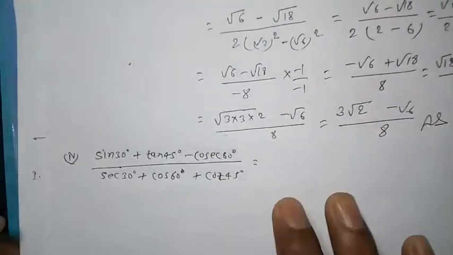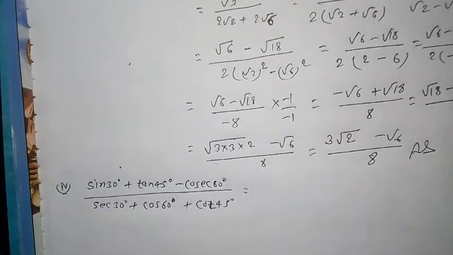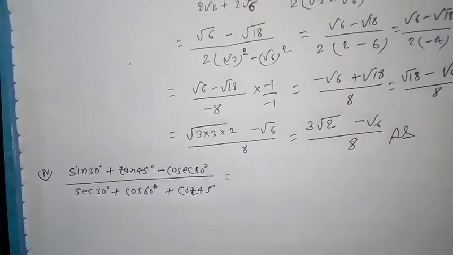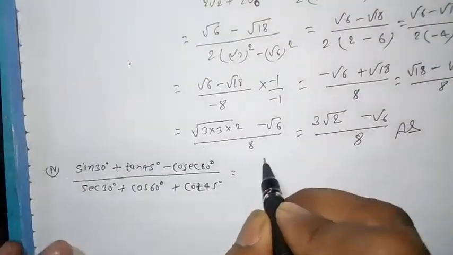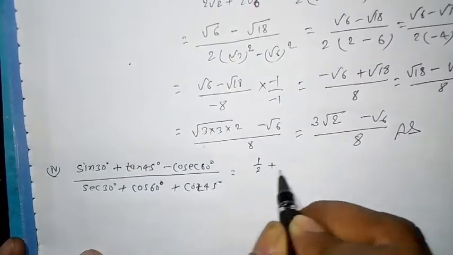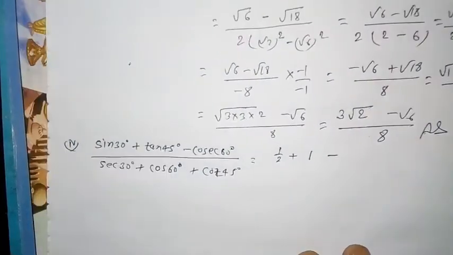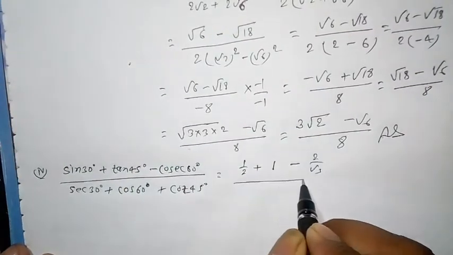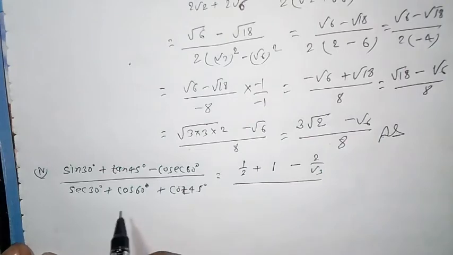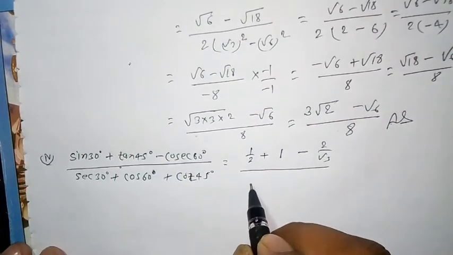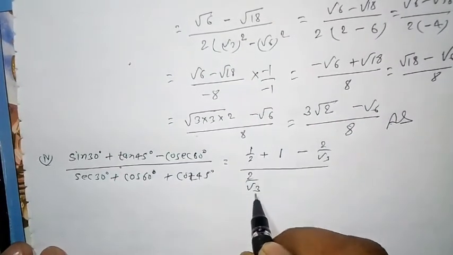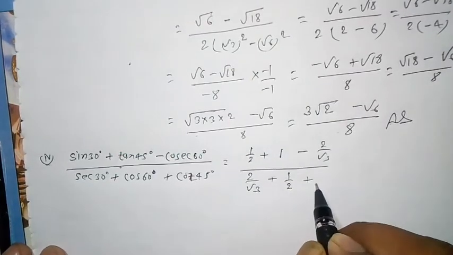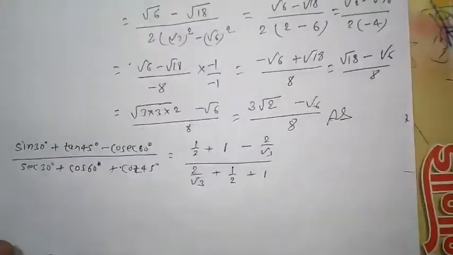Now the value of sine 30 is equal to 1 by 2 plus tan 45 is 1 minus cosec 60 is 2 by root under 3, sec 30 is 2 by root under 3, cos 60 is 1 by 2 plus tan 45 is equal to 1.